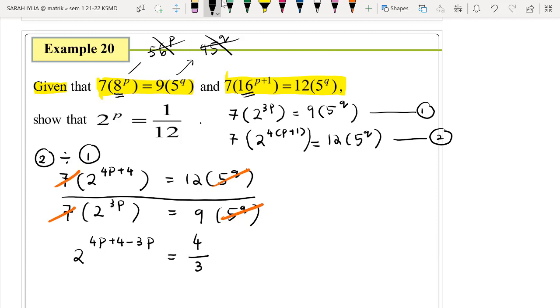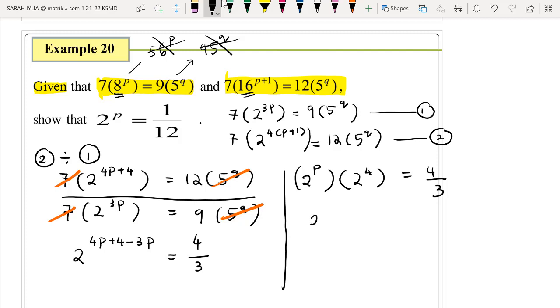Alright. So, simplify lagi. Kuasa awak boleh simplify. 2 to the power of 4p minus 3p. Dia akan jadi 2 to the power of p. Okay, kita dah nampak kita berada di jalan yang benar ni. Dah nampak target. Okay, tapi kita ada lagi satu. 2 to the power of 4. And then dia plus. Bila plus maksudnya benda tu darab. Okay. Last step kita kena tengok target. Target kita nak 2 to the power of p alone in our left side.